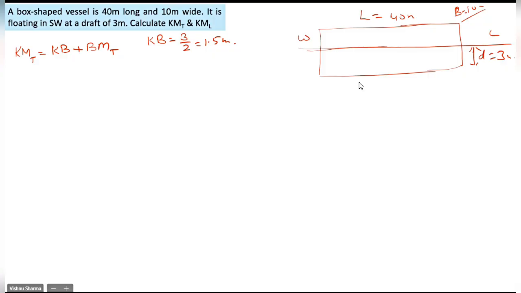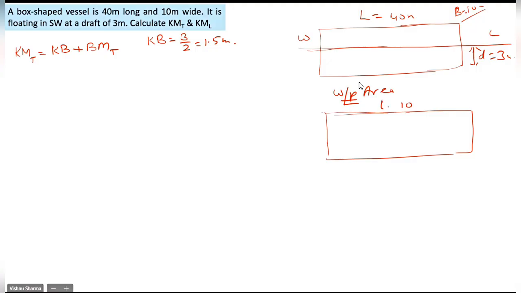What will be the dimensions of the rectangle? Please speak out the dimensions also. 40 into 10. Sorry, 40 by 10. Yes, sir. This is the water plane area.